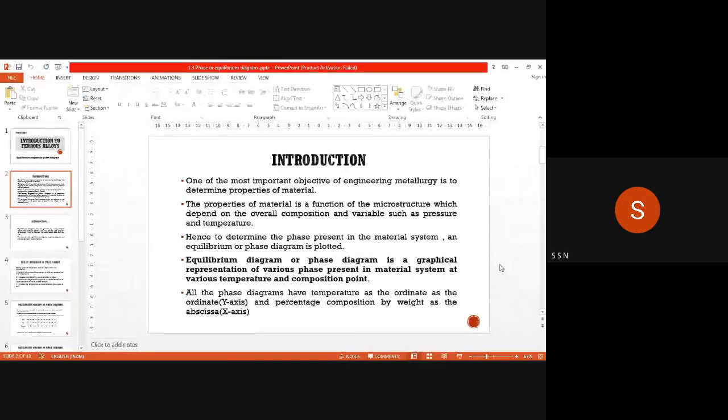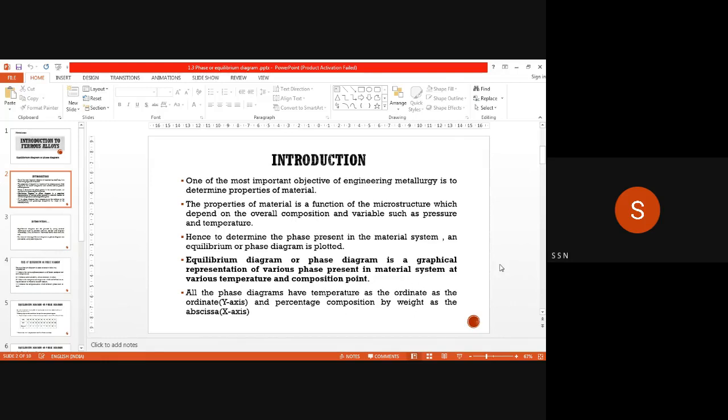Now, in the cooling curve, we have seen that it is a two-dimensional curve in which we have varied the temperature with respect to time, and we have drawn one curve on which we have represented phases also. But in the equilibrium diagram, we have to vary not only the temperature, we also have to vary composition.